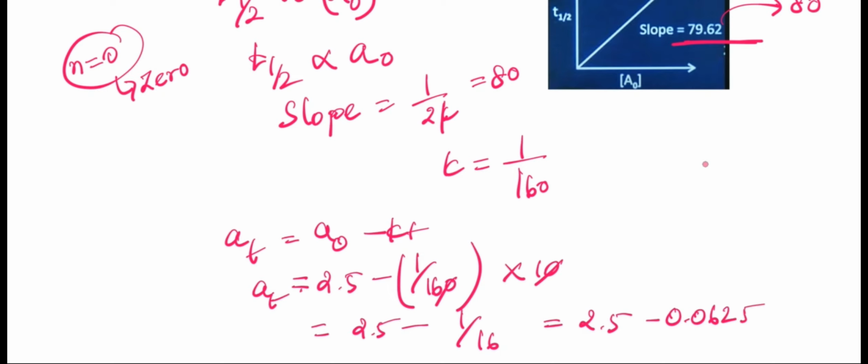So 2.5 minus 0.0625, which becomes 2.4. So I'm taking that as 2 as your answer.